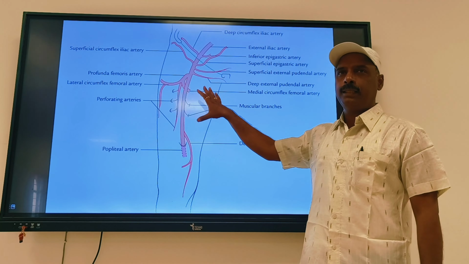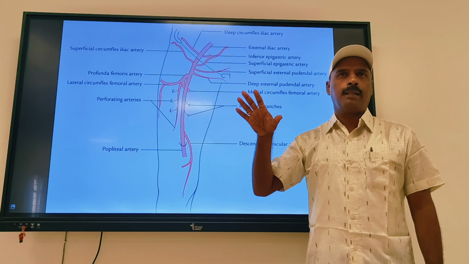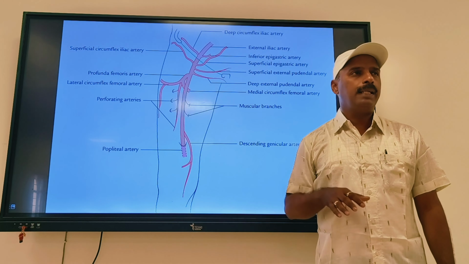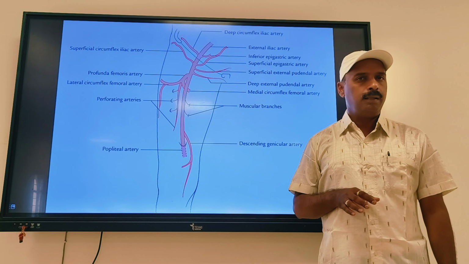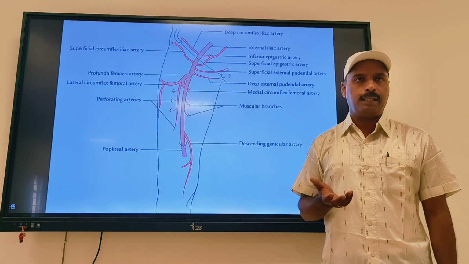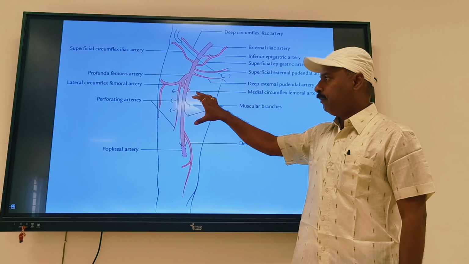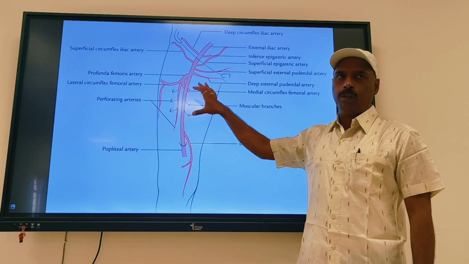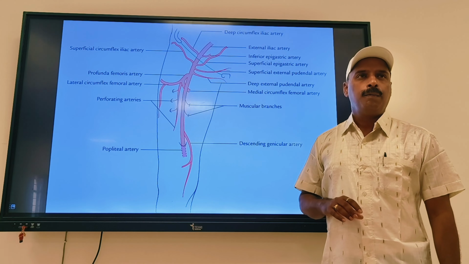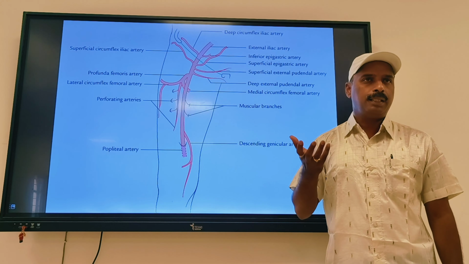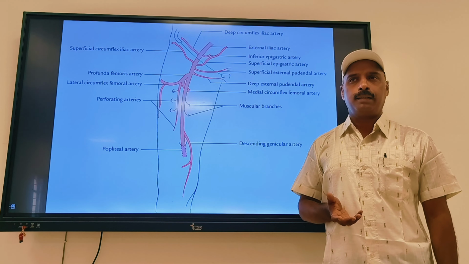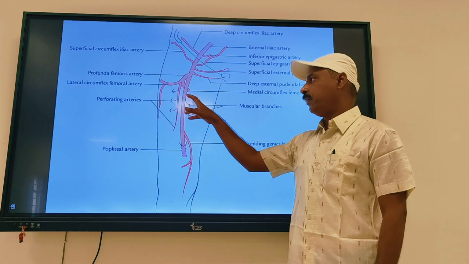These boundary structures of the adductor canal will make the relations of the femoral artery in the adductor canal. Just apply the femoral artery relations with the boundary structures of the adductor canal. That is the only thing you have to remember.